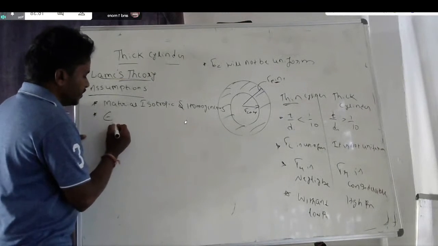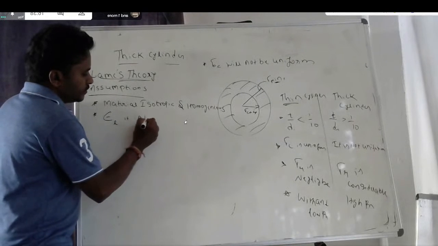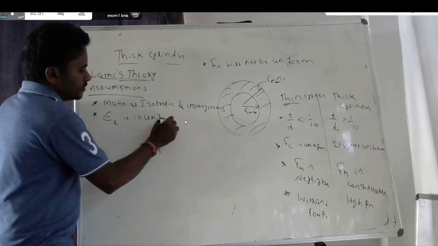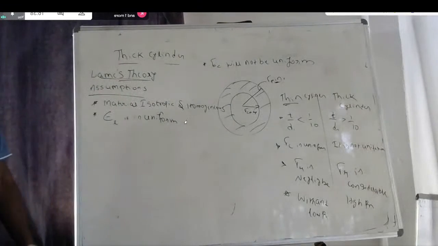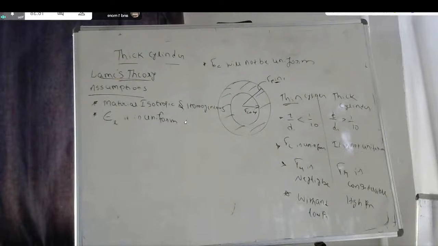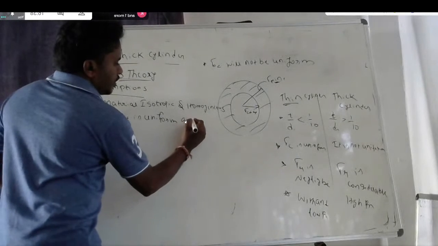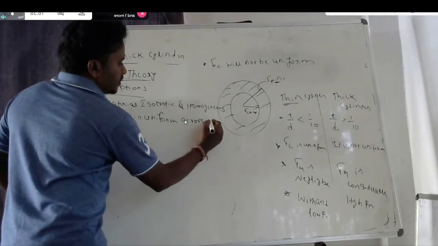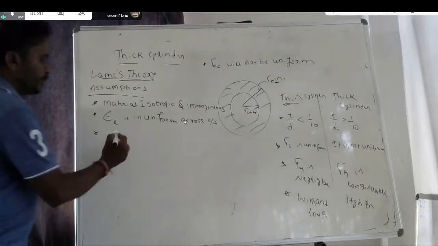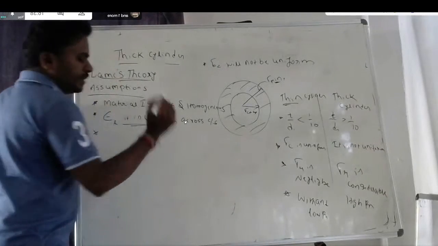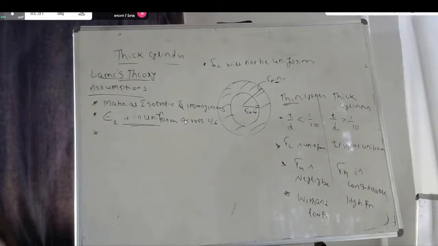This is the main assumption made by Lame, and it is why it's called Lame's theory. Longitudinal strain is uniform across the cross section of the cylinder. That is a very important assumption he made.